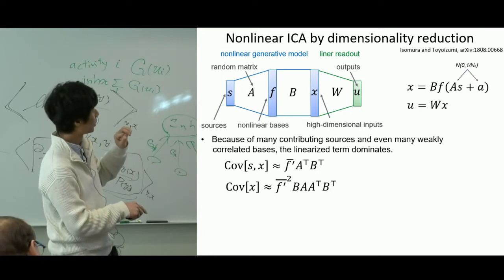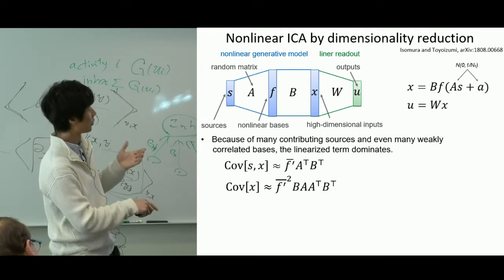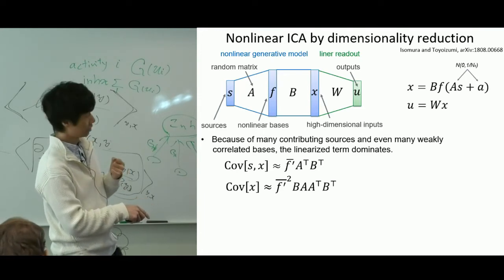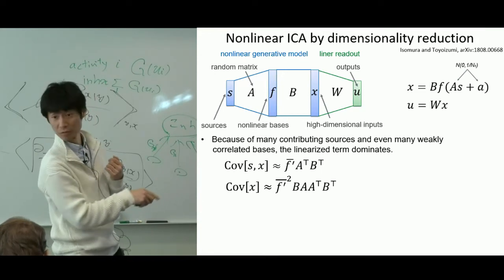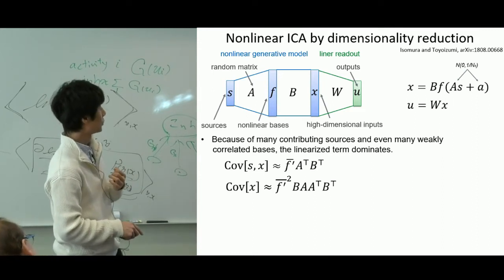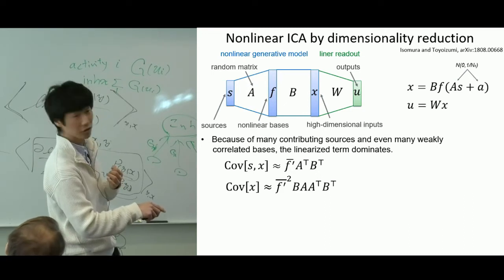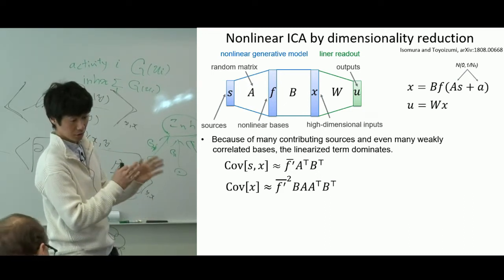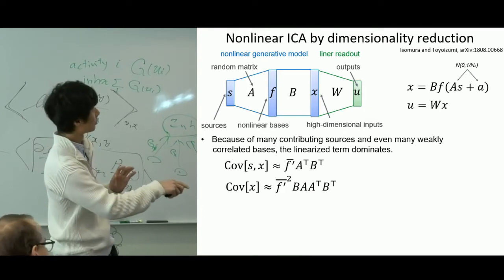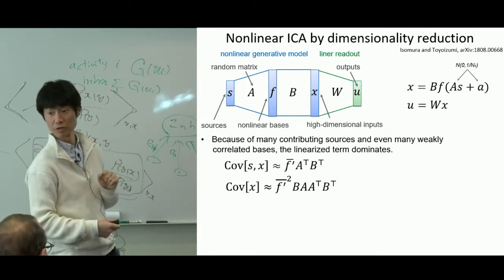So if you ask how much the correlation is between a particular source S and output X, then the covariance is basically computed by linearization of this nonlinear function. Another important feature is that the source times the random output is almost uncorrelated. Each element of this AS is almost uncorrelated. The correlation is very small.